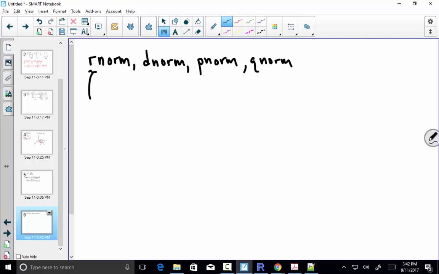The r indicates random draws from. So if I wanted to generate a sample of 100 observations from the normal distribution with mean 0 and variance 1, I would use rnorm. If I wanted to compute the PDF, tell me what the height of the bell-shaped curve is at point 2, I would use dnorm.